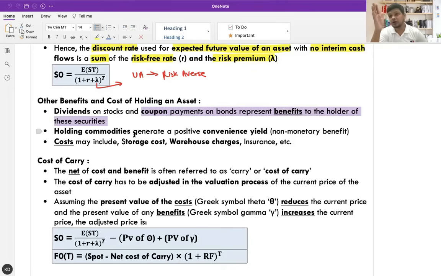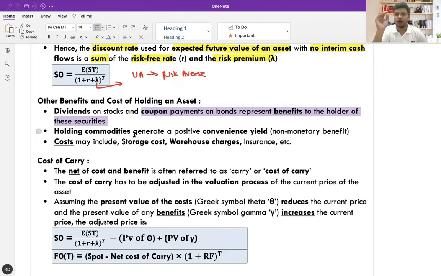So when it comes to a commodity, there is a storage cost involved. If it's an equity, there's no storage cost. The cost of storing equity is very minuscule. It is only limited to the demat charges, the dematerialization charges, which the banks charge you and which are very nominal. Are you getting my point? But storing commodities is riskier and it's costly.